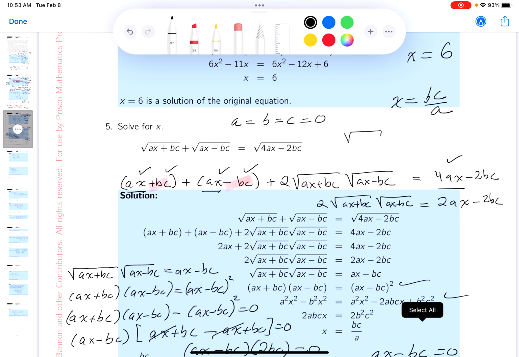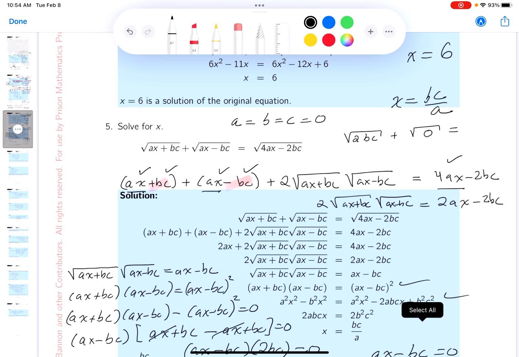And what would you get there if you plugged it in? You get bc plus bc, which is 2bc, plus, what do you get there? You would get bc minus bc, which is 0. What do you get over here?